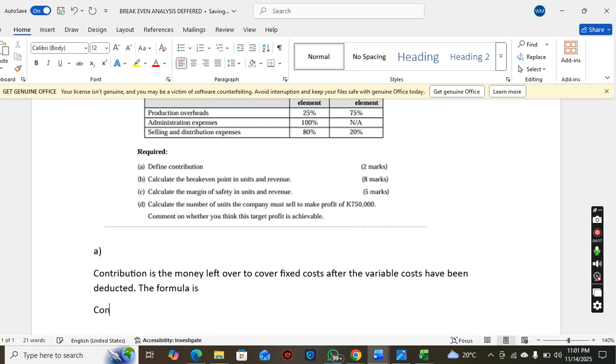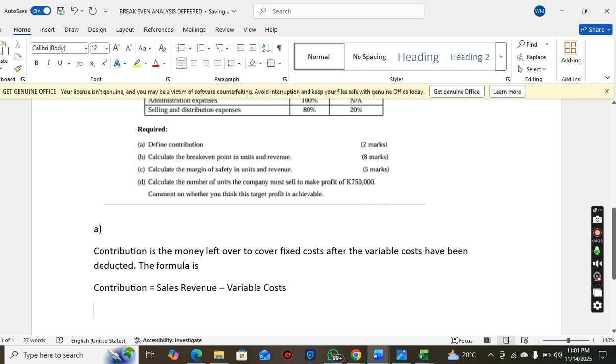Contribution equals sales revenue minus variable costs. It can be on a total basis or on a per unit basis. There's also what you call your contribution per unit.